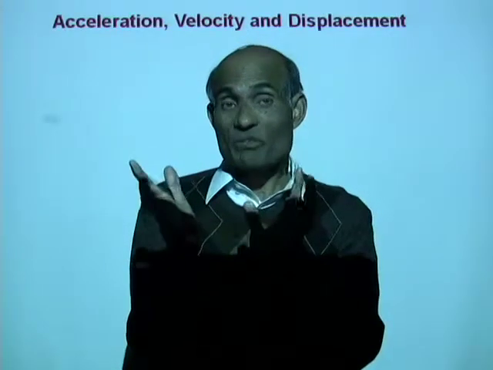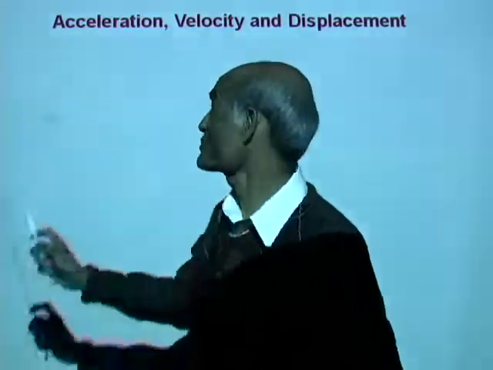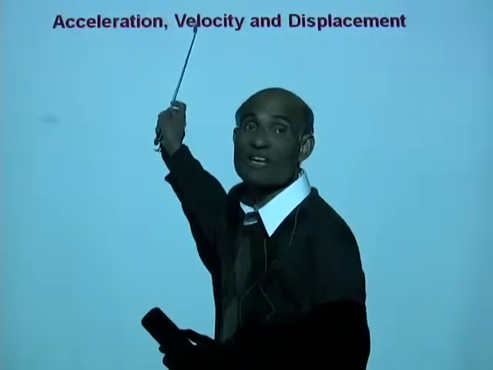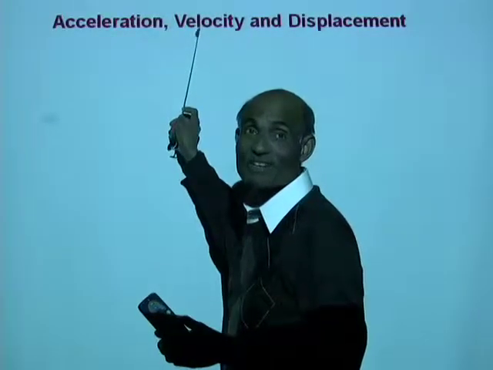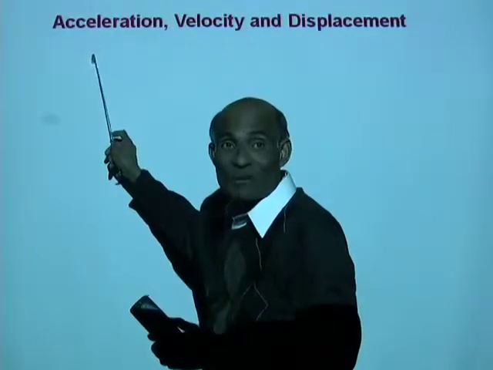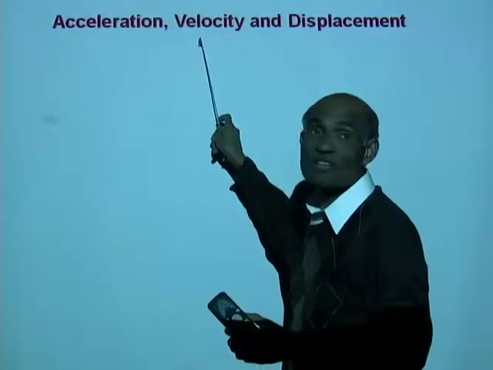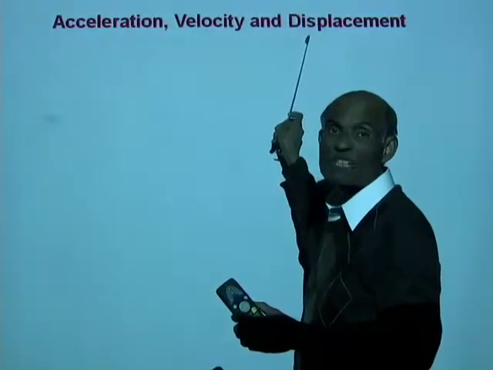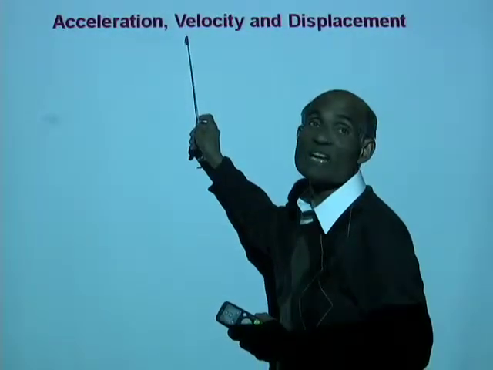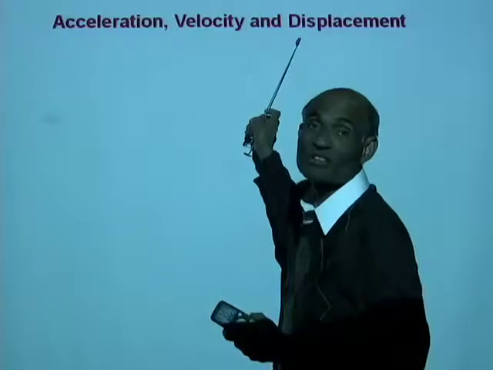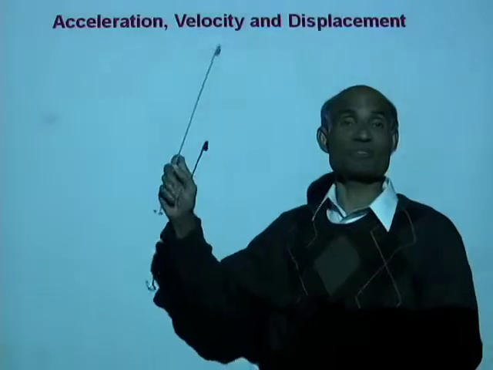Now, in this lesson, we think the other way around. Since acceleration is the derivative of velocity, if you integrate acceleration, you must get velocity. Similarly, since velocity is the derivative of the position function, integrating velocity should give you the position function.